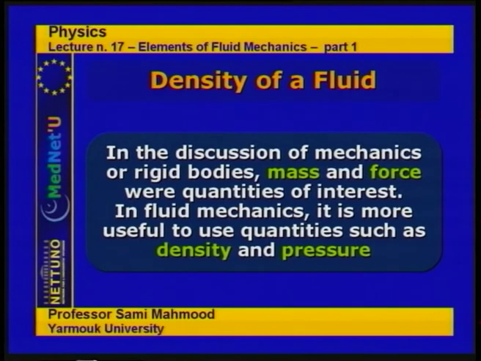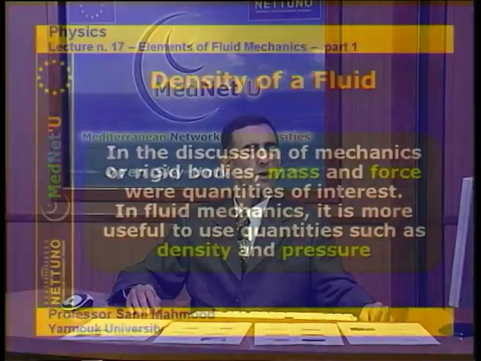And instead of mass, we talk about the density of a fluid, which is related to the mass. It's mass per unit volume, actually. And we select the pressure as the dynamical quantity instead of the dynamical quantity F. And pressure, indeed, is related to the force F. So instead of choosing the mass and force as quantities relevant to our study in motion of fluids, we choose the density and the pressure.